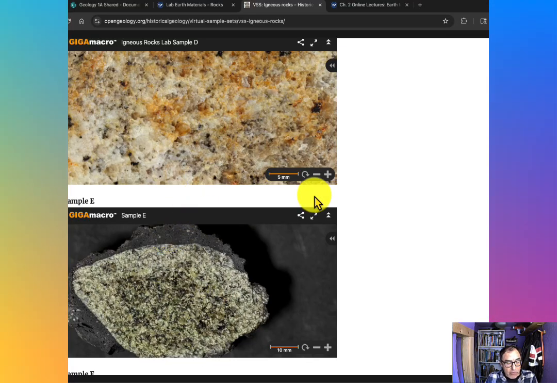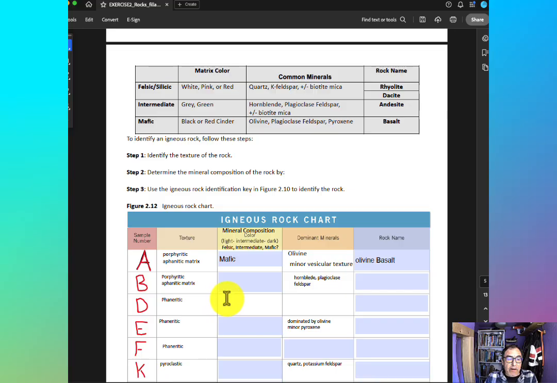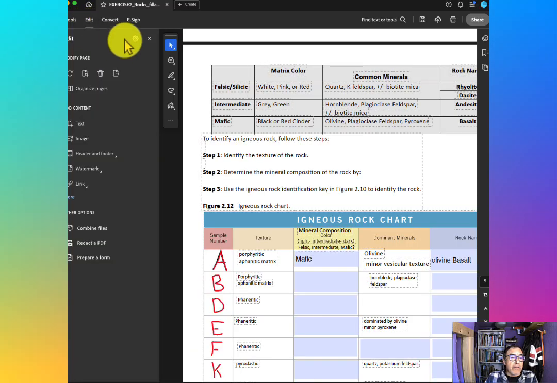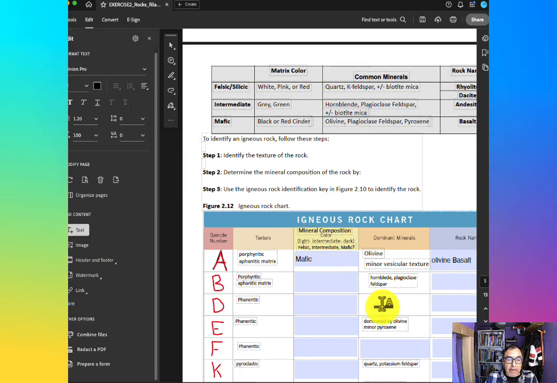So if we go back to our first sample D, I'll add here that it's going to be felsic, right? This is going to be felsic. In fact, I can add that in right now just so we can have it in here. So this rock is going to be felsic. And then let's add that it has a mafic color index of about maybe 5%, right?